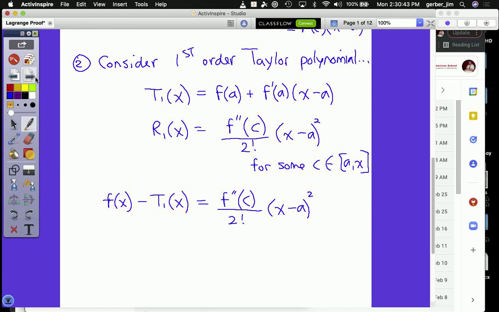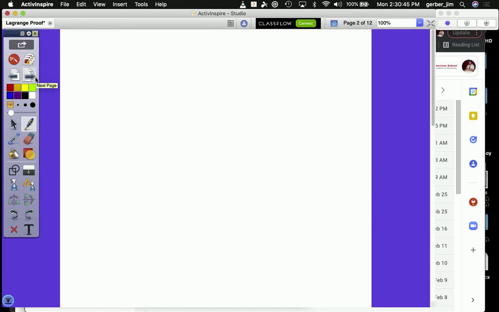Now, we're going to try and prove that this is true. In other words, we're going to use some calculus to see if we can get the same results. And I want to start by asking you to recall the mean value theorem. Okay?